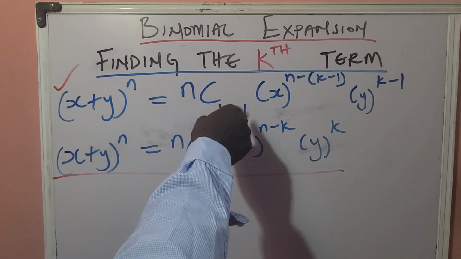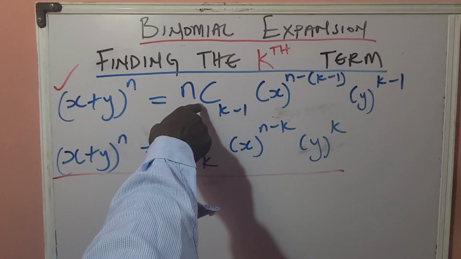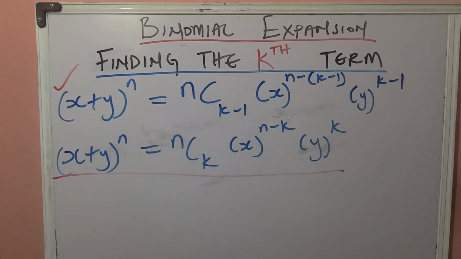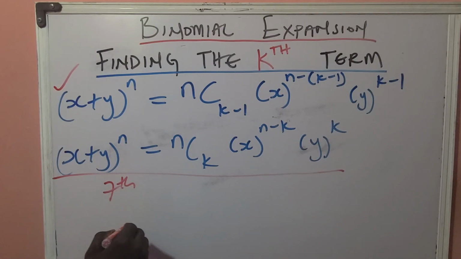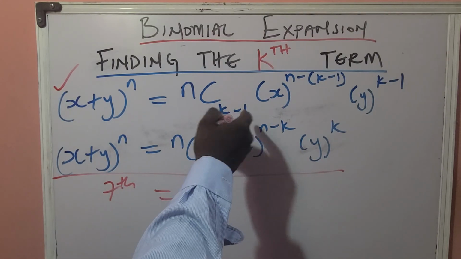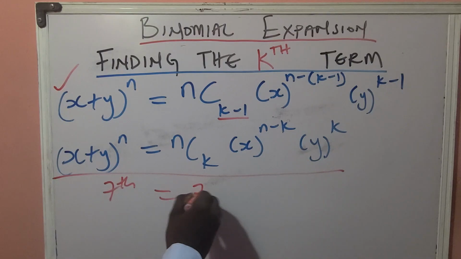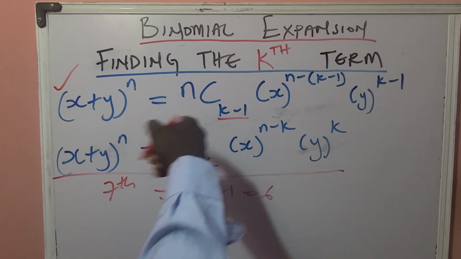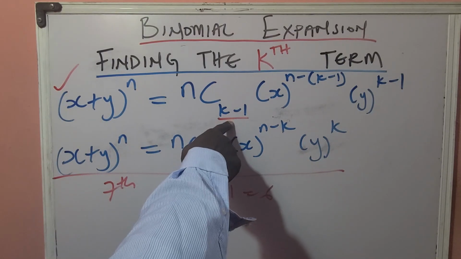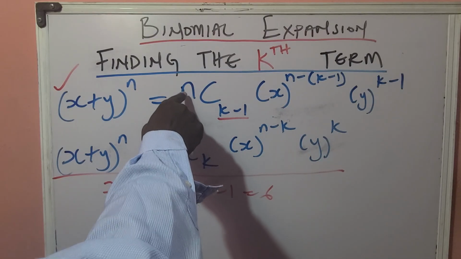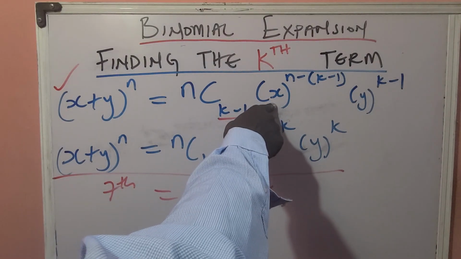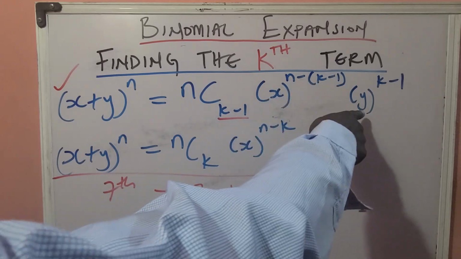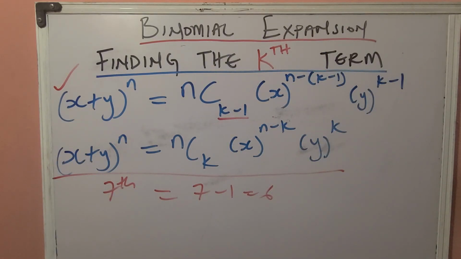So if I wanted to find the seventh term, I'll be solving this place as 7 minus 1, which will be 6. It goes on to affect every aspect of the formula. So you'll be having n combination 6, x raised to power n minus 6, then y raised to power 6. So that's the general way of dealing with the kth term.